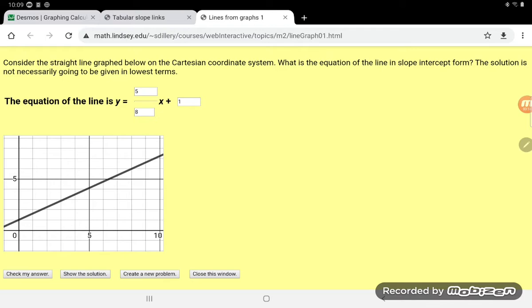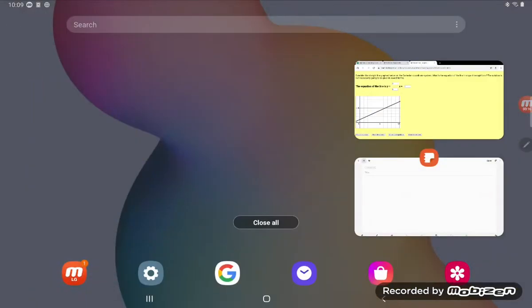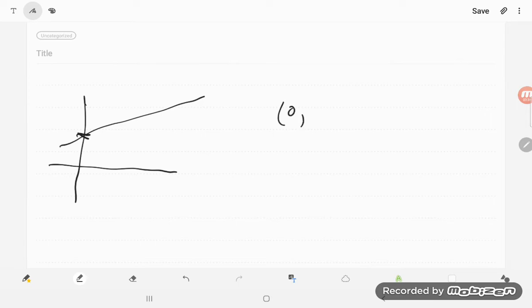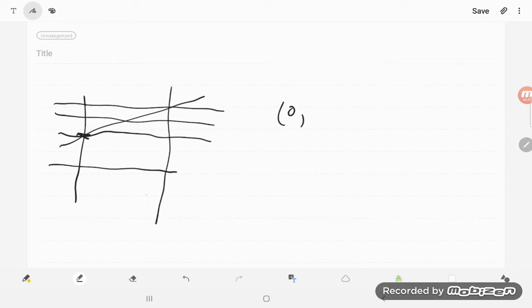Okay, so again, just to talk about this a little bit more, all I'm doing is I've got some line going like this. I want to look at that point and see what that is. That's my y-intercept, 0 and something. And I'm just going to count on my grids.